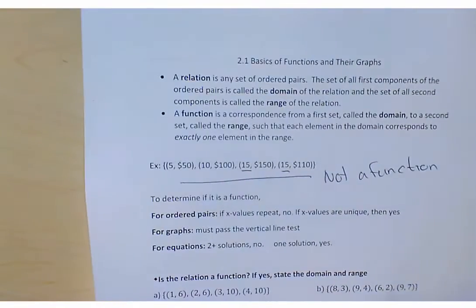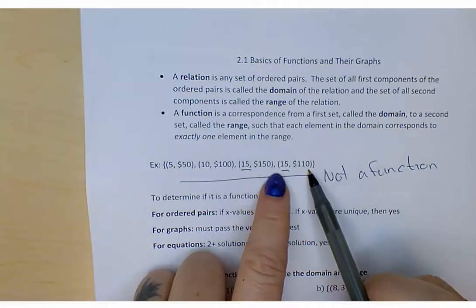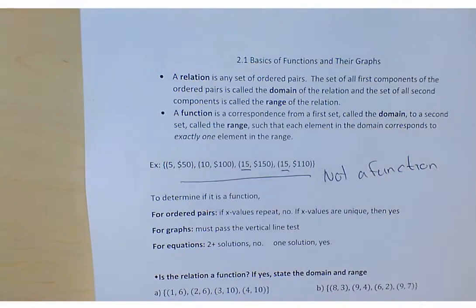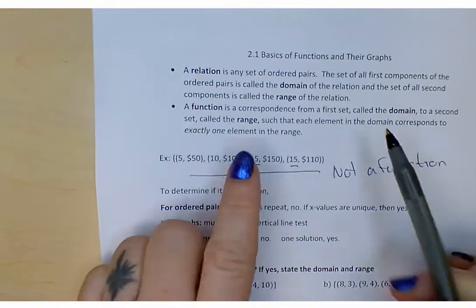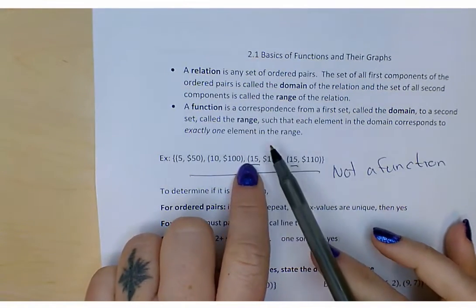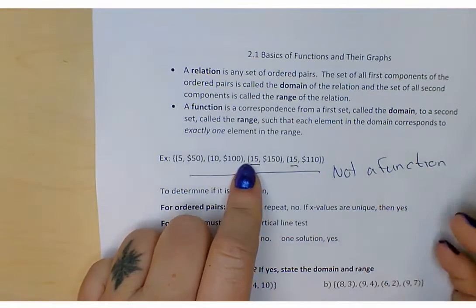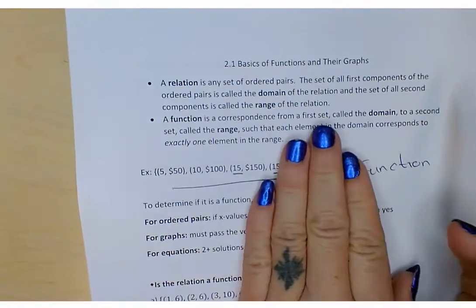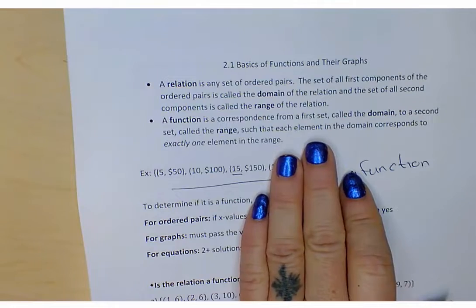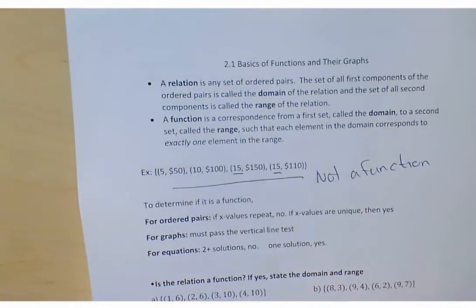So for the same input, we're getting two different outputs. That's what this definition is saying: if that happens, it is not a function. You should be able to plug in one value and get a unique solution for it, just like 5, 50, 10, 100, 15, 150. That part is okay. It's this one over here that throws it off.